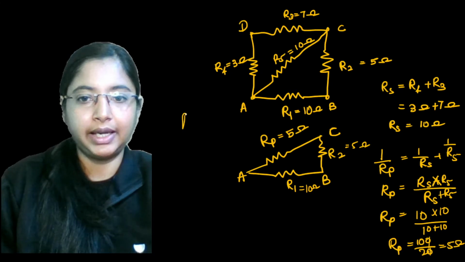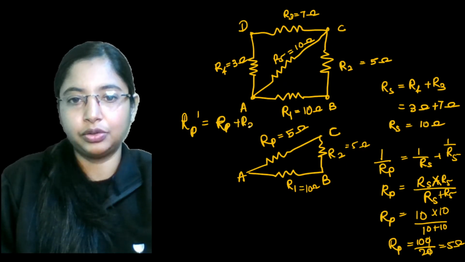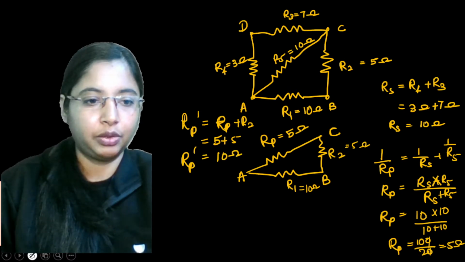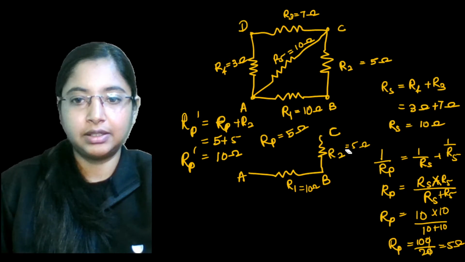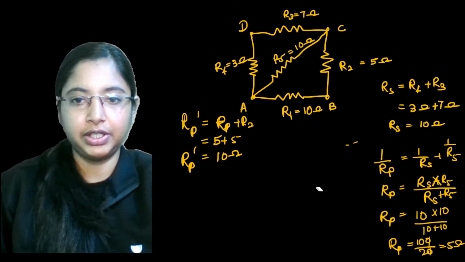Their effective resistance will be Rp plus R2, so 5 plus 5 ohms. Now the resistance we have got is 10 ohms. Instead of these two, we can remove this and just give one single resistor value, which is actually 10 ohms.